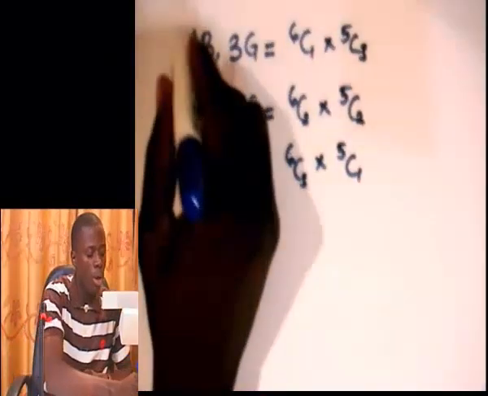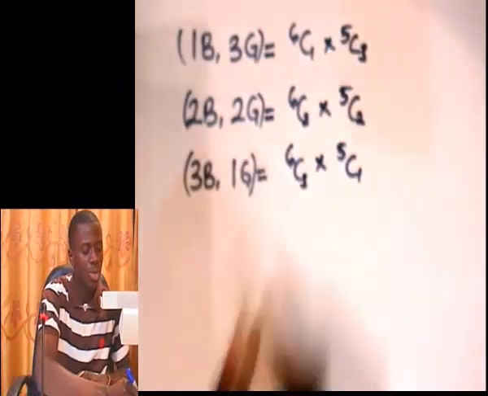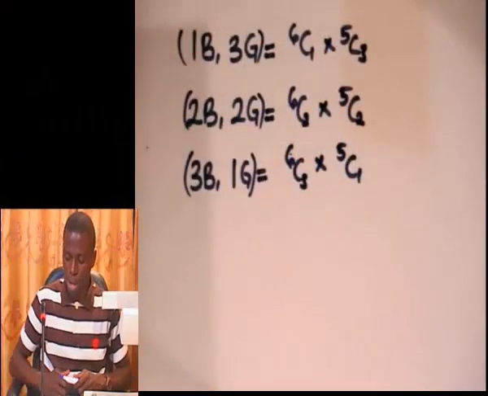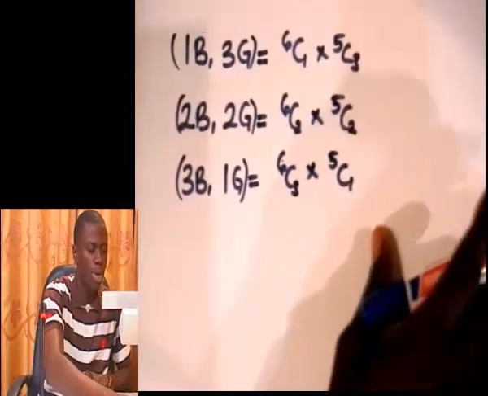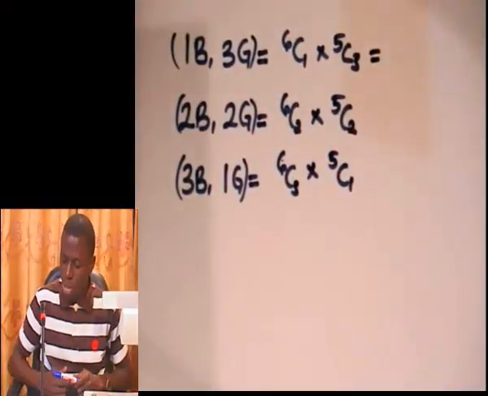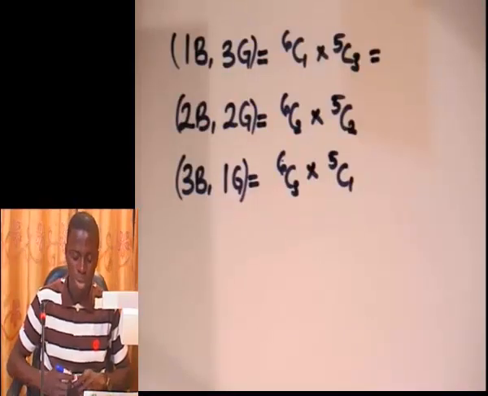You have to write out the various configurations you can have, and with that, look at the combinations in question. So 6 combination 1 gives us 6, 5 combination 3 gives us 10, 6 combination 2 gives us 15, 5 combination 2 gives us 10.